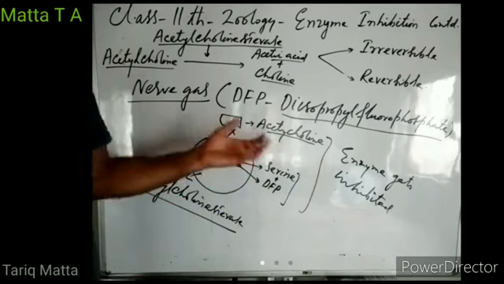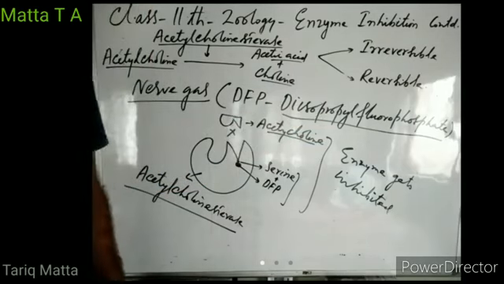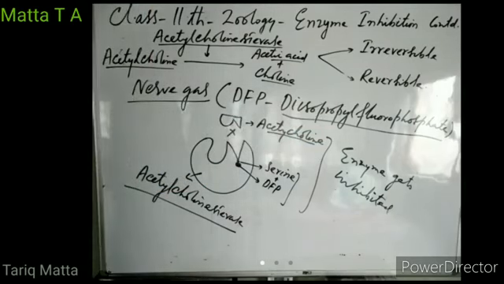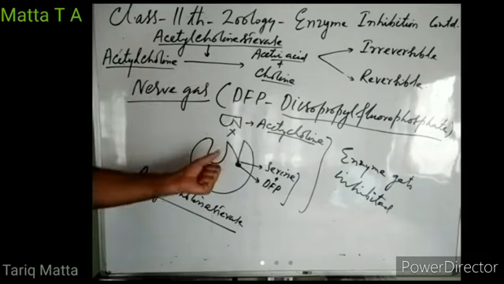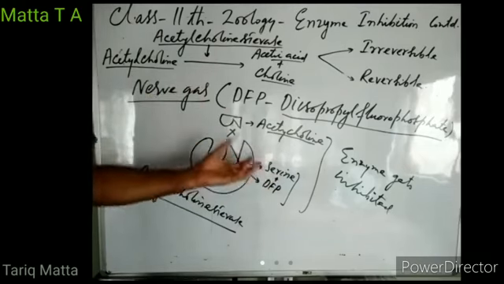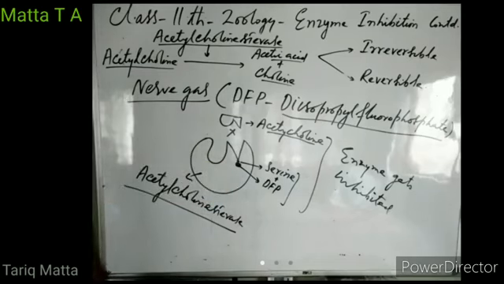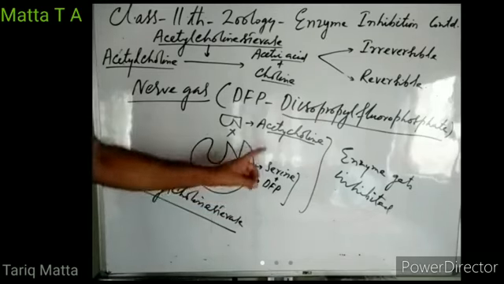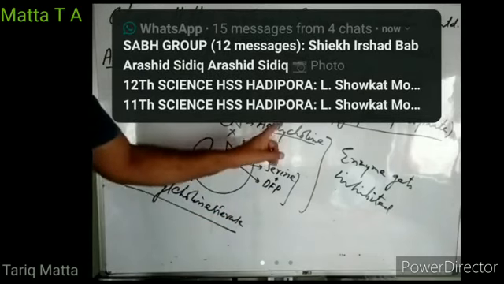This property of the chemical diisopropyl fluorophosphate was worked out by scientists and they used it for biological warfare. They prepared neurogas, which is used to kill soldiers in the battlefield with outstretched limbs and wide open mouth, right? So this enzyme gets inhibited, and this inhibition is irreversible.